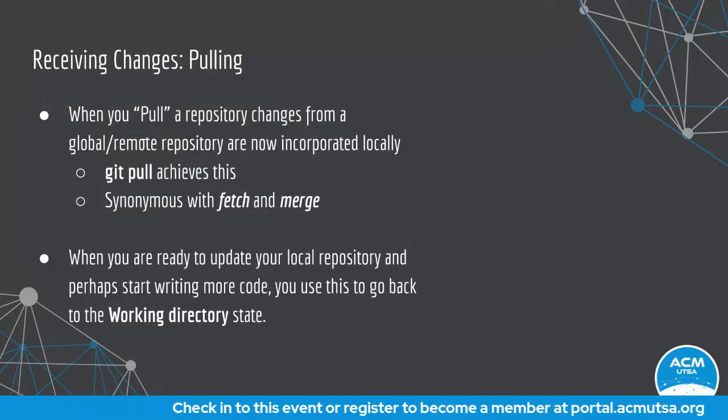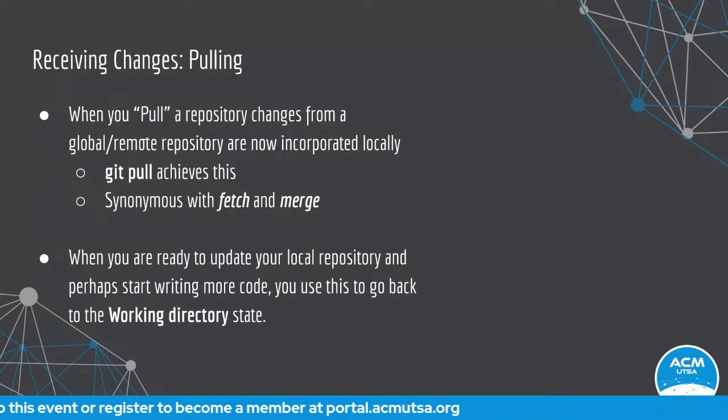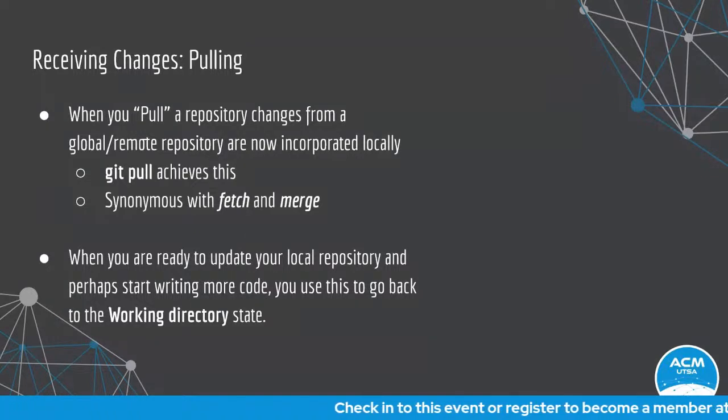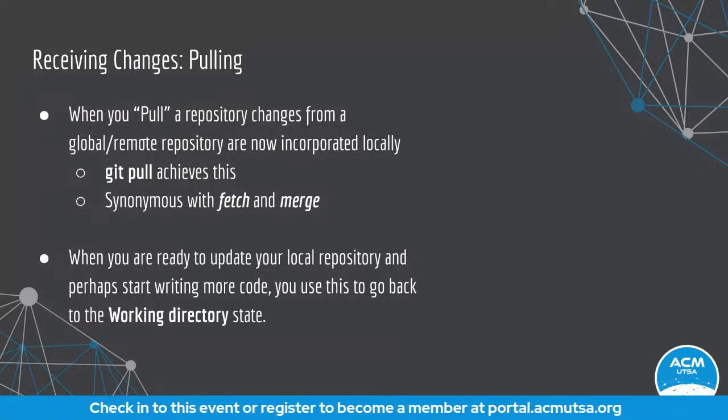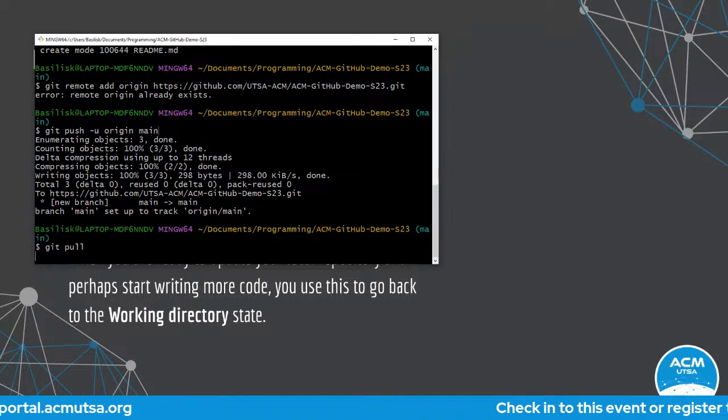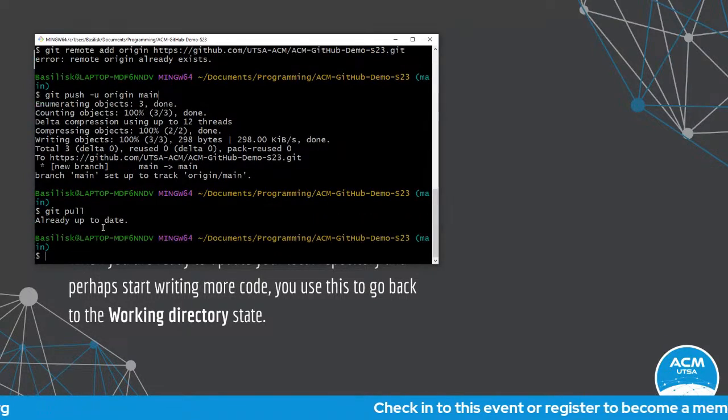But what if someone else has made a change and we need to pull those changes in locally? In order to do this, we would use a command called git pull. Essentially, what this does is it pulls whatever information is on the remote repository, and then it combines all that information with your local changes. If I were to do that here, you may notice that nothing really happens and it tells you it's already up to date.